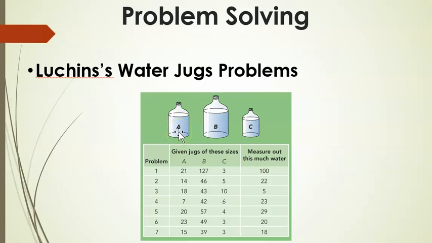This is the size of jug A, the size of jug B here, and C here. If A can hold, say, 21 liters, B can hold 127 liters, and C can hold 3 liters, and you need to measure out 100 liters of water, how will you do that?